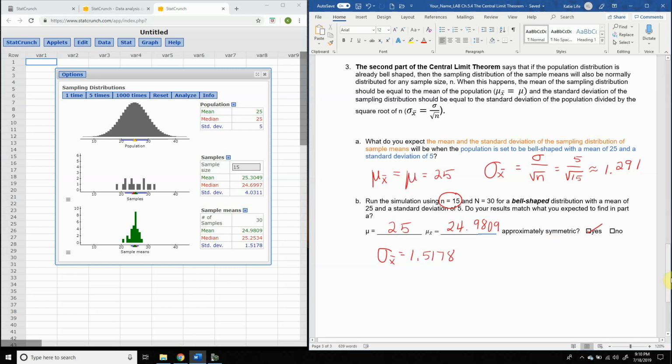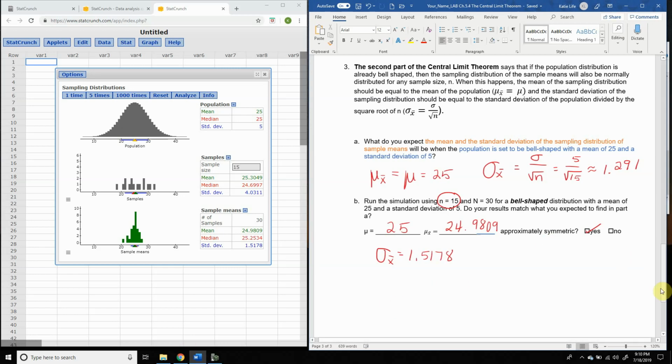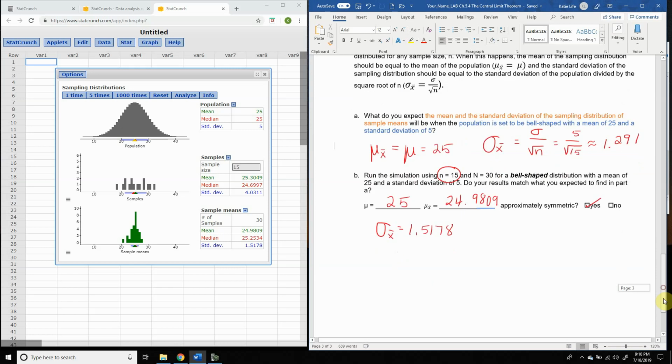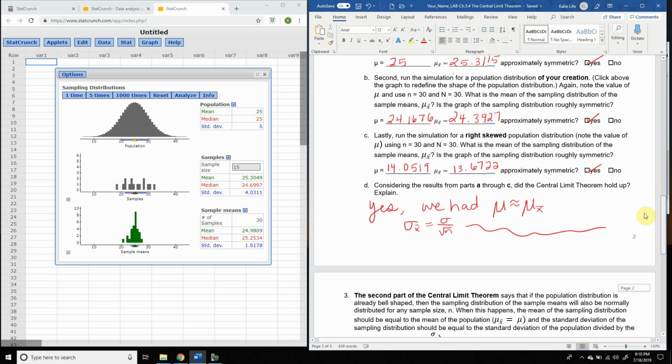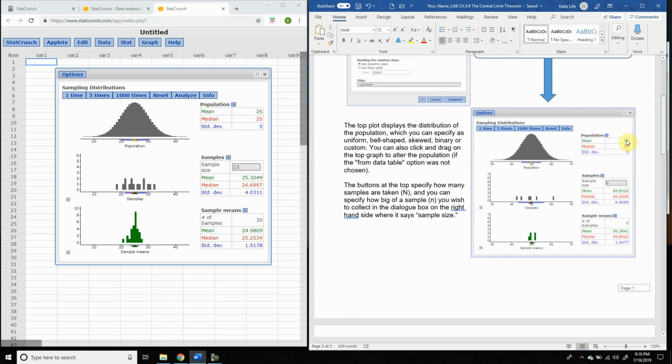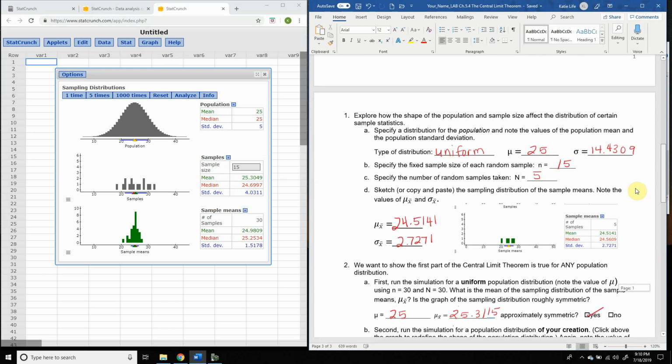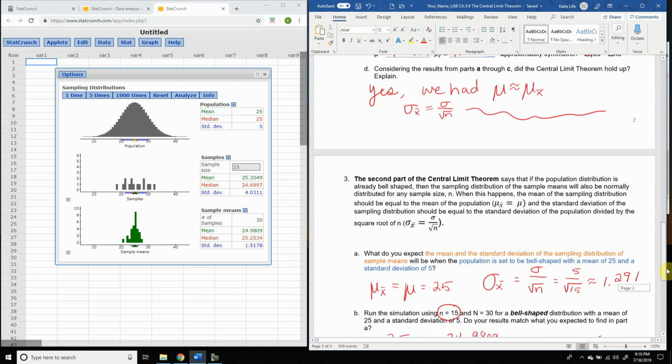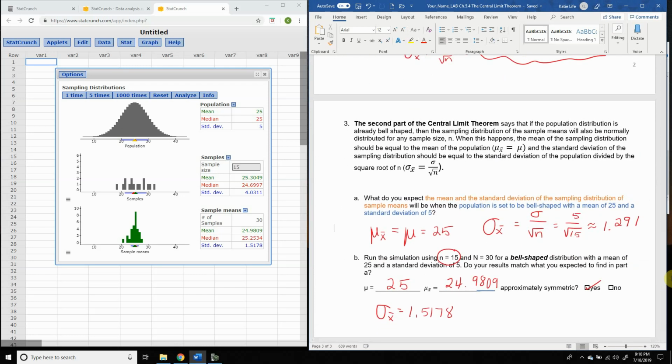So really the whole point of this lab was just kind of proving to ourselves part 1 and part 2 of the central limit theorem. Whether we know something about the population or we know something about its shape and the size of sample that's being taken, we can make some really nice conclusions about the sampling distribution, especially if it is normal. Then we've got all of the properties of the standard normal curve at our disposal.